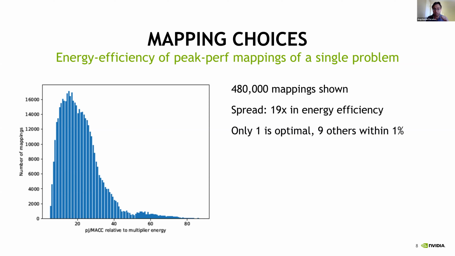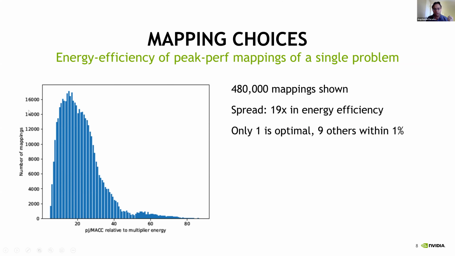So the workload and architecture is not changing, but the mapping is changing. And the x-axis shows you picojoules per MAC. Basically, it's an energy measure on the x-axis, and the y-axis is showing you the number of mappings that fall into a particular bucket of energy efficiency.